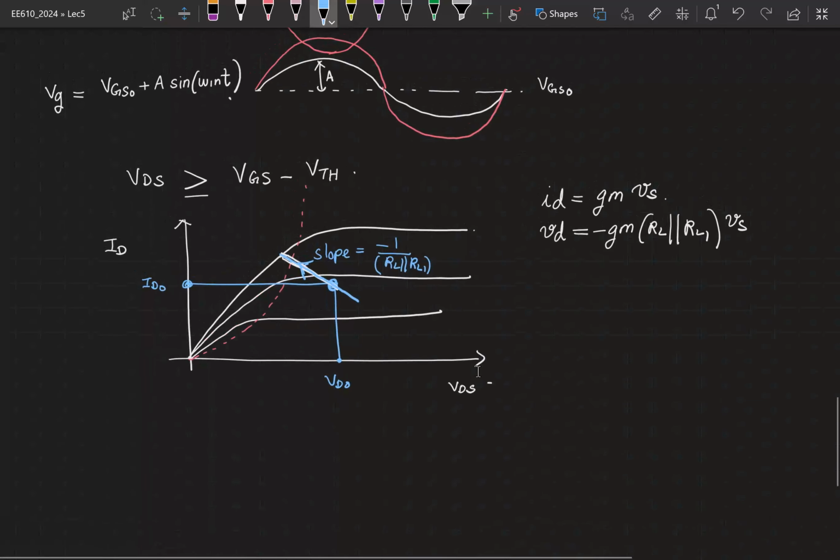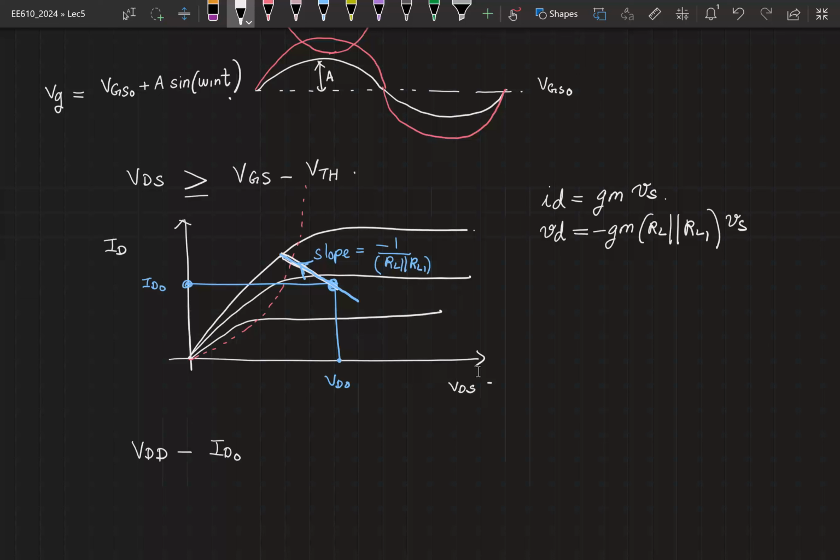So your total VDS was some VDD minus ID0 into RL1 minus, what is the small signal voltage here?